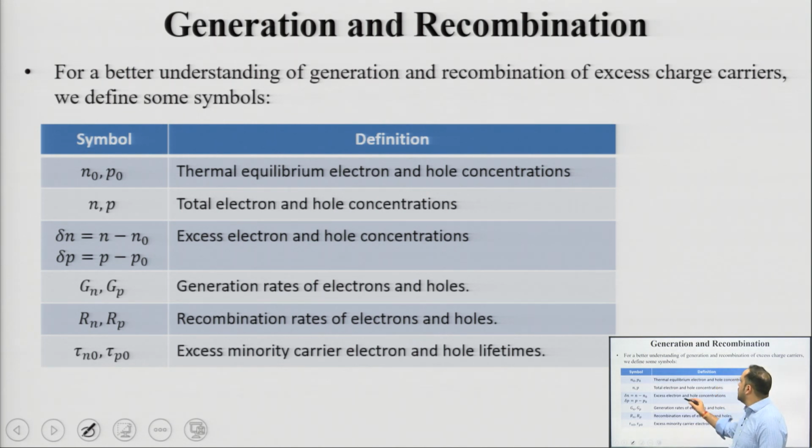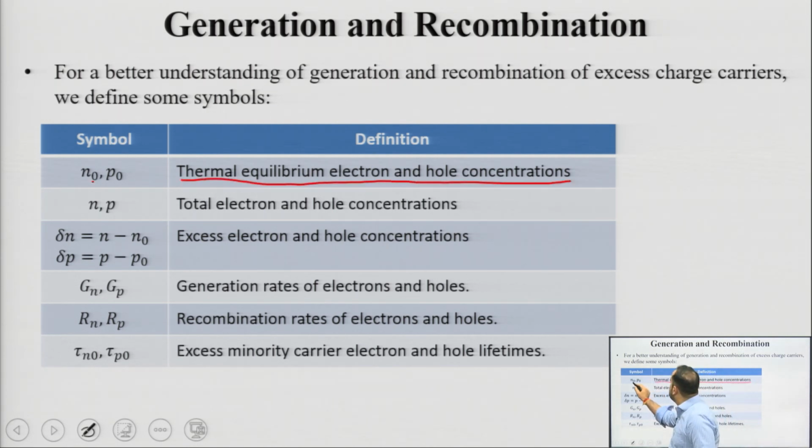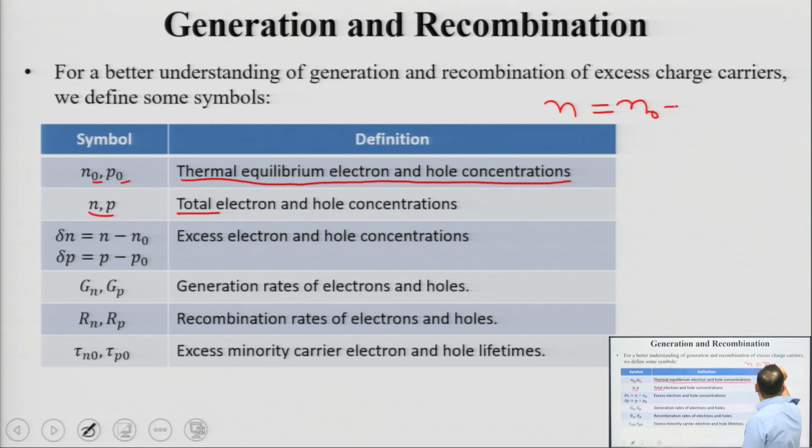We are going to refer to the thermal equilibrium concentration by this subscript naught. So, n naught and p naught are your equilibrium concentrations, n and p are your total carrier concentrations. At equilibrium n is equal to n naught. If there are excess charge carriers, they add up, and these excess charge carriers can be a function of distance as well as time.